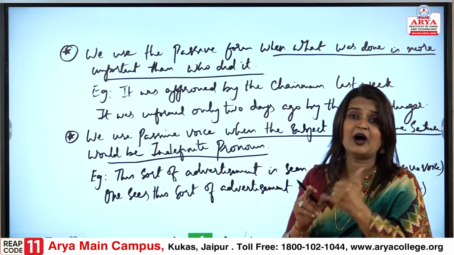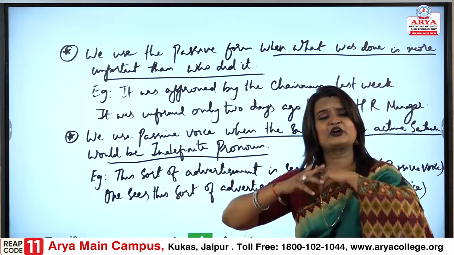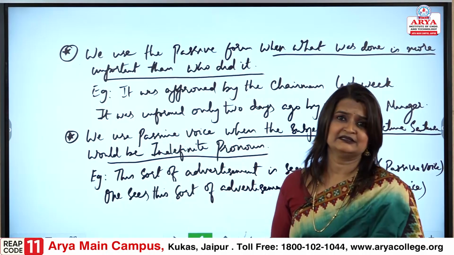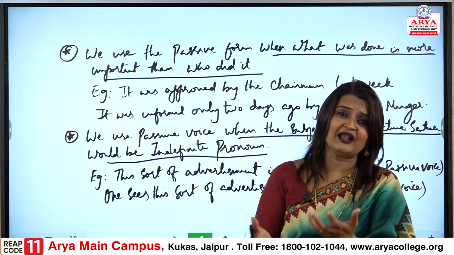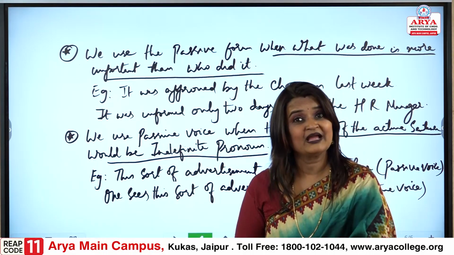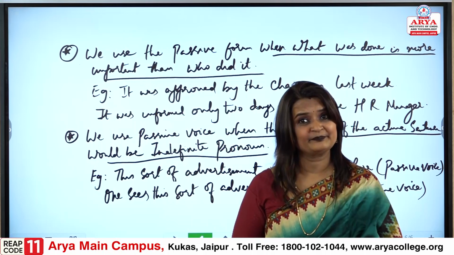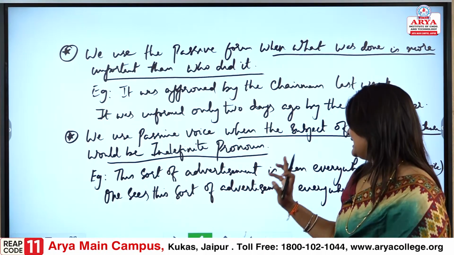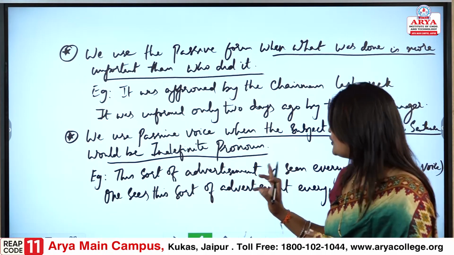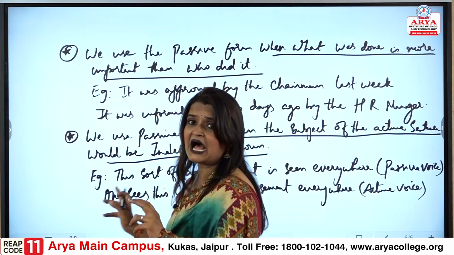Now who is that one? Out of the crore of public, do we know which specific one we are talking about? We don't know. That one is not defined, so it is indefinite. I hope these points are understood.